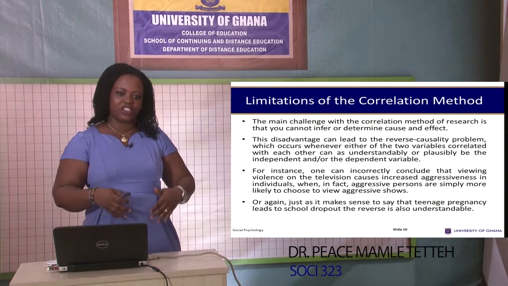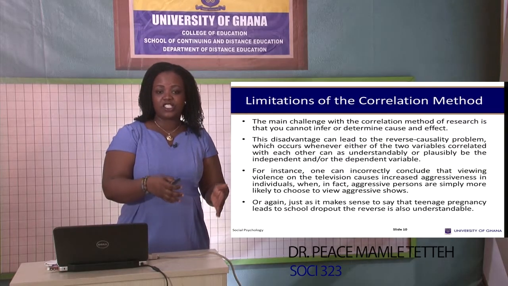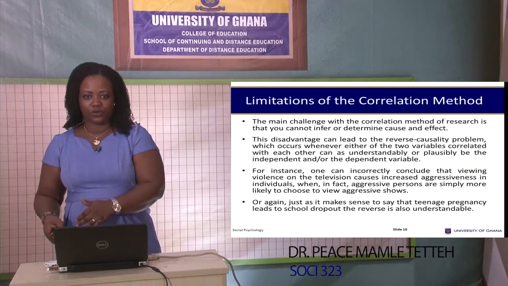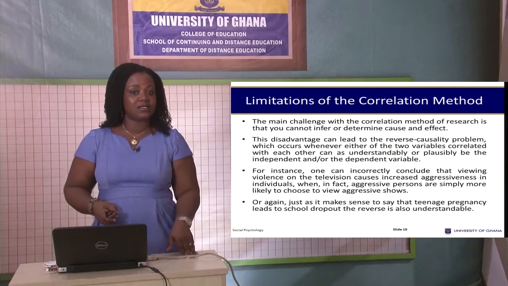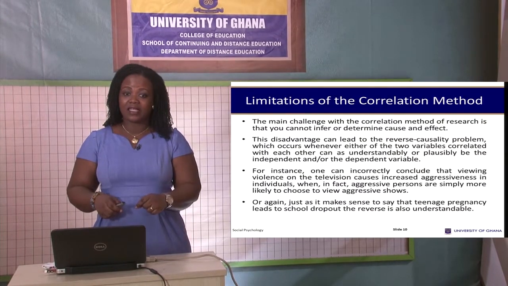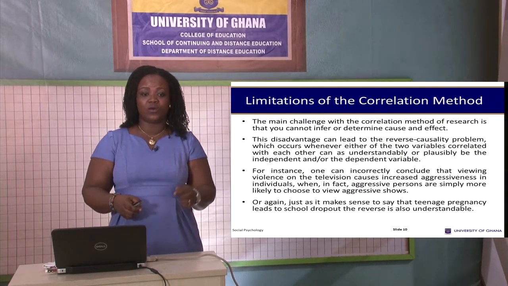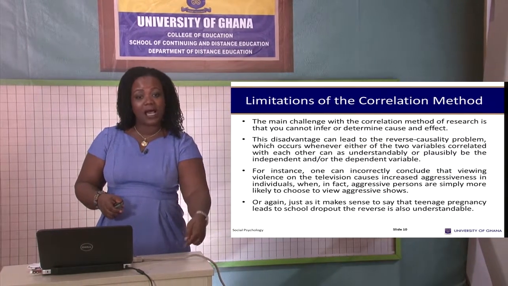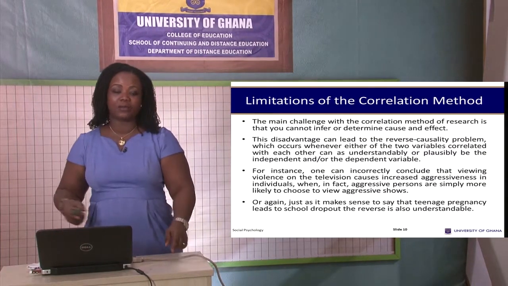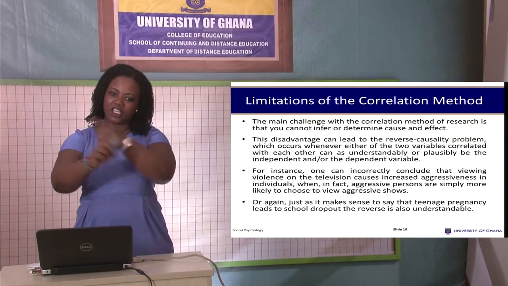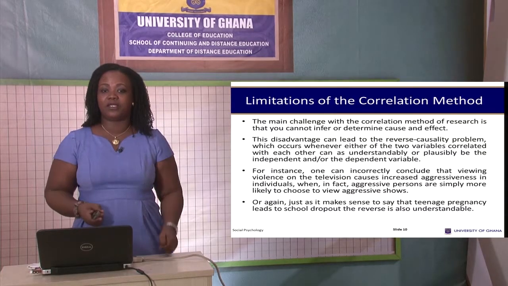You are saying that when a child gets pregnant, she is likely to drop out of school. It makes sense, doesn't it? But again, it also makes sense to say that when a girl drops out of school, she's likely to get pregnant. So when you interchange the variables, they both make sense.